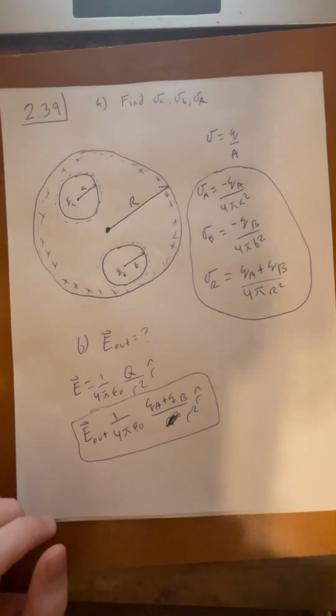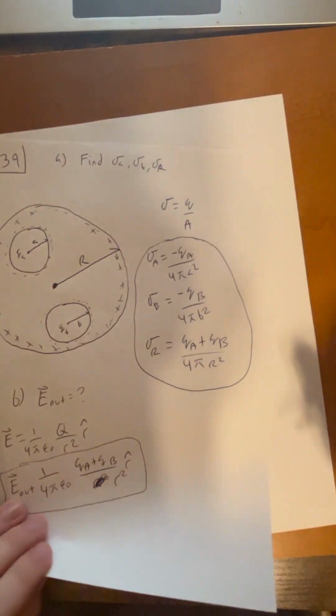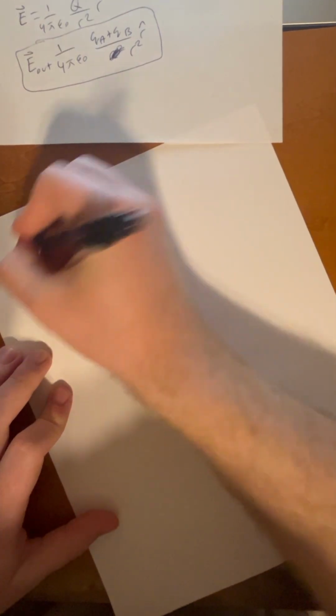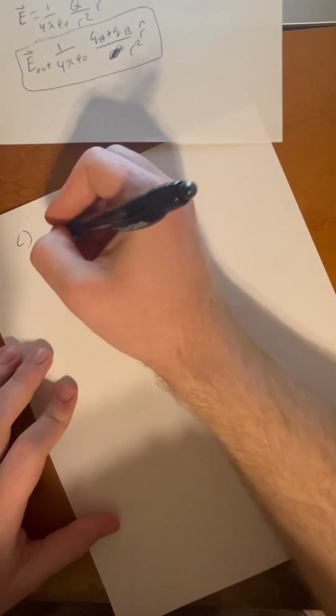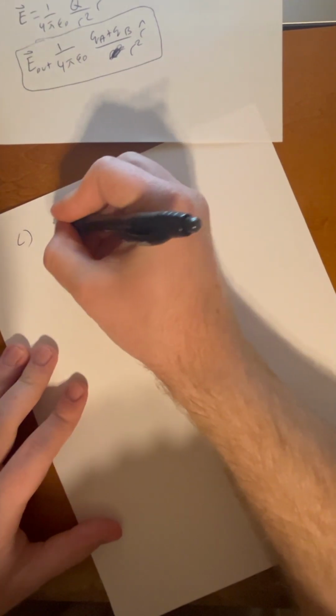All right, now for part C of this problem, we are asked to find the electric fields of each cavity. So let's continue on this paper right here. Okay, so we know for each cavity it'd be a similar thing because we have the point charge inside.